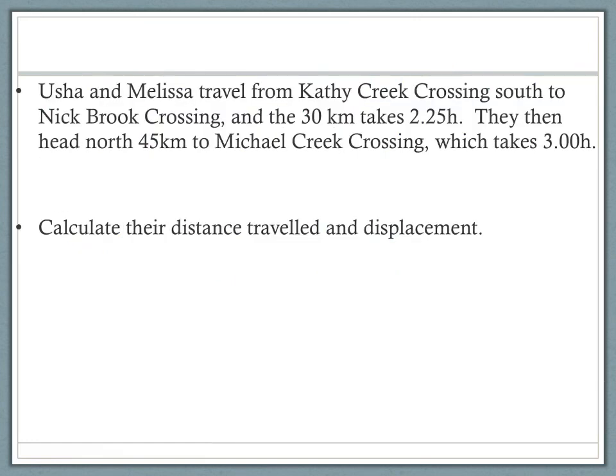Usha and Melissa traveled from Cathy Creek Crossing south to Nick Brook Crossing. Okay, so I'm gonna draw this out. I always like drawing this out. So here's Cathy Creek Crossing. I'm gonna call that Cathy Creek. Okay, and you're going south to Nick Brook Crossing.